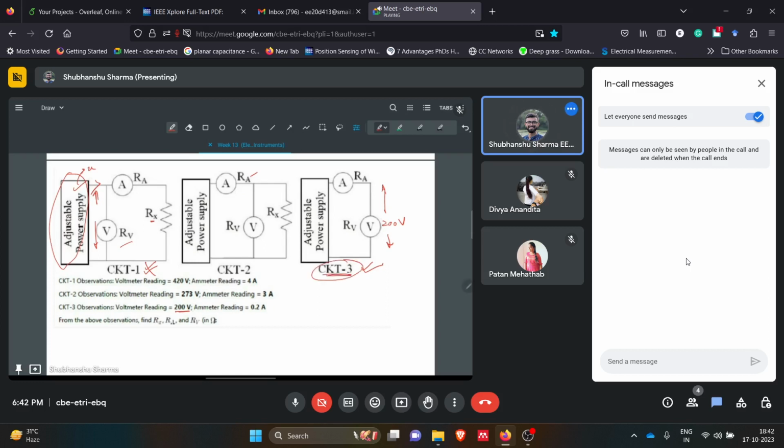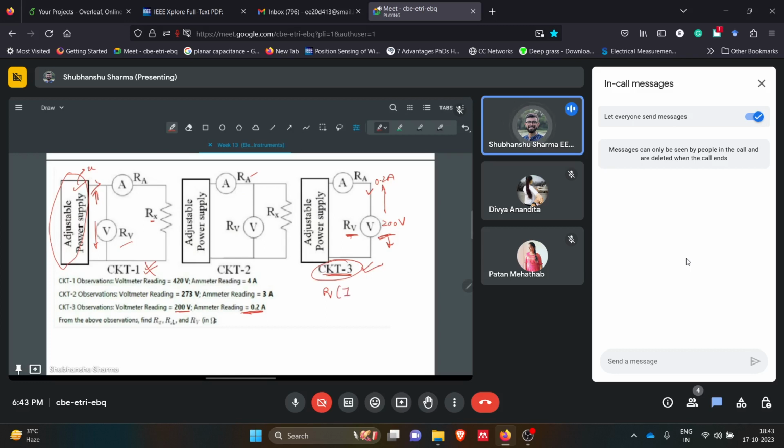But the concept is to just start from the circuit which is easy to solve. In this case, we have 200 volts directly across this voltmeter, and we know the ammeter reading also. We know this current will be flowing through this voltmeter also, because these are in series. That's why we can easily get RV, the resistance of this voltmeter.